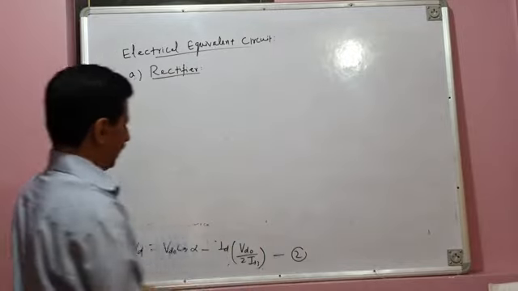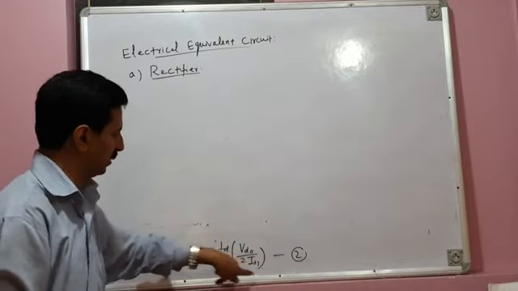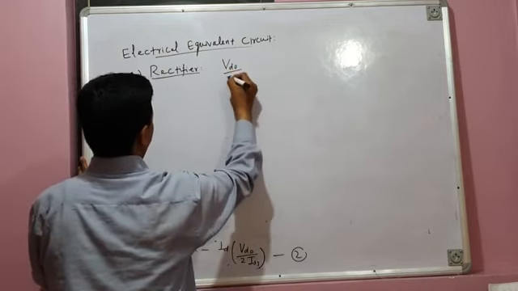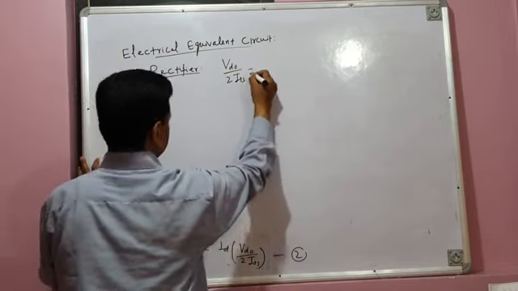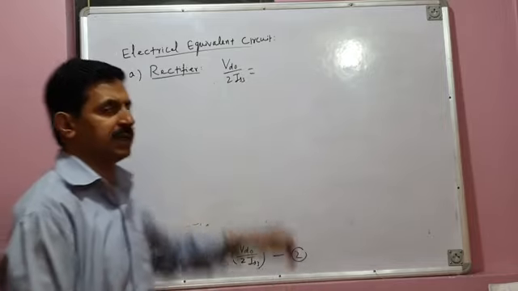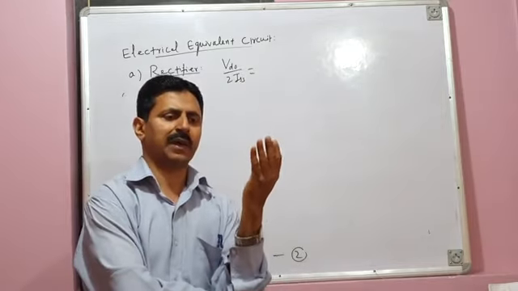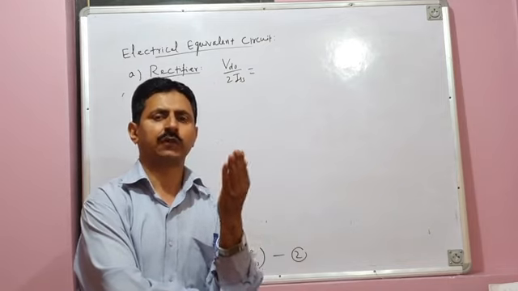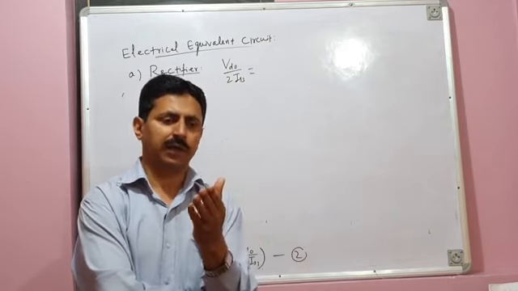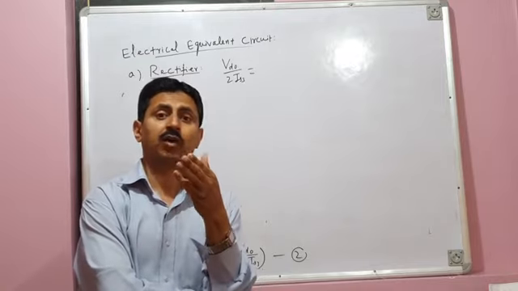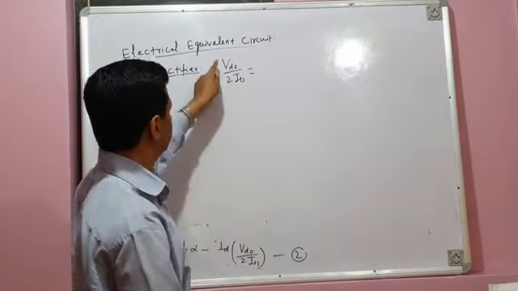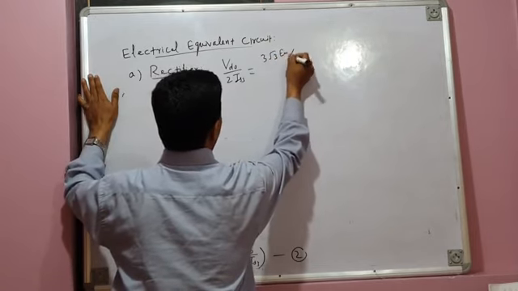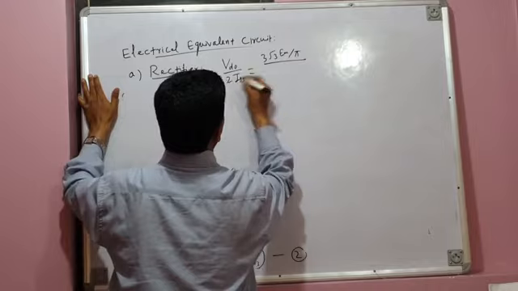Now, in this equation 2, let me take this term, Vd naught by 2 IS3. You already know what is Vd naught. Few moments back, we have derived the mathematical expression for converter average output voltage, and we have written Vd is equal to Vd naught by 2 times cos alpha plus u, and Vd naught is 3 root 3 Em by pi. So this Vd naught is 3 root 3 Em by pi divided by 2 into IS3.